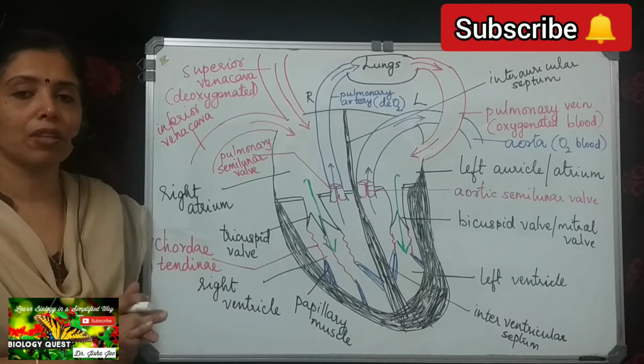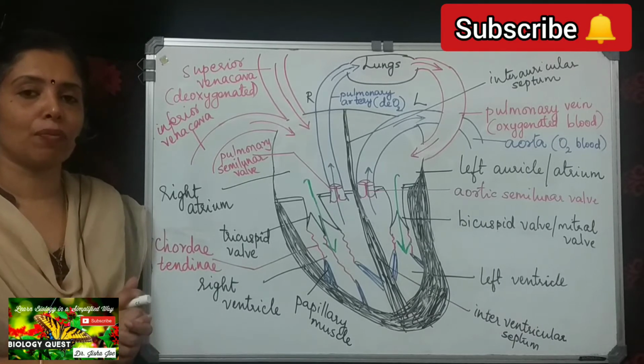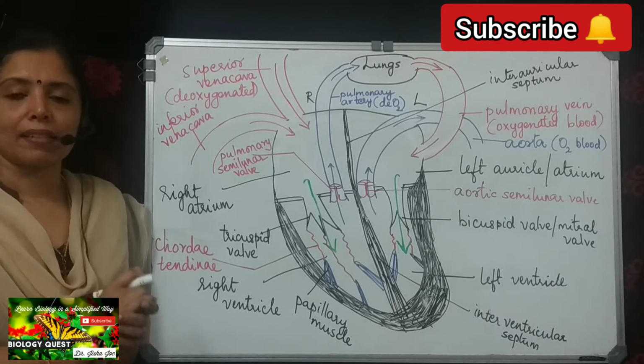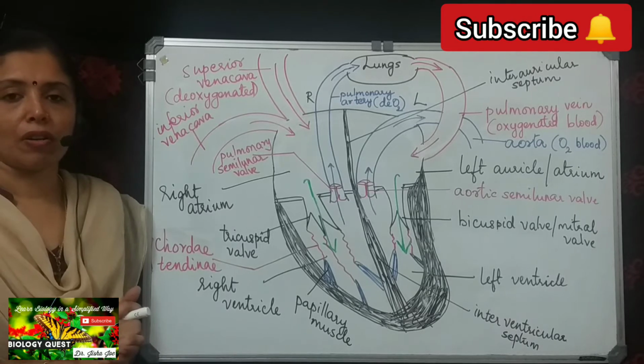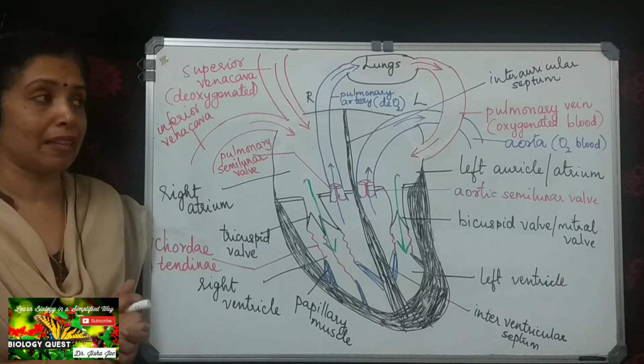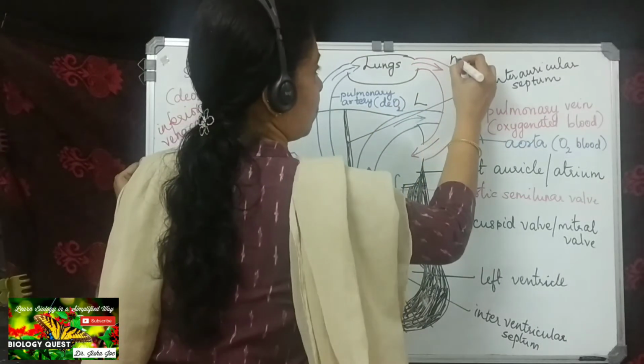The deadening of the heart muscles takes place at the region where the coronary artery gets blocked. This leads to a condition called the heart attack, or myocardial infarction.